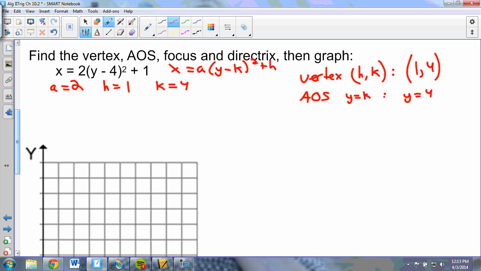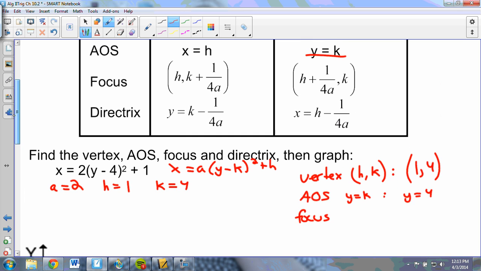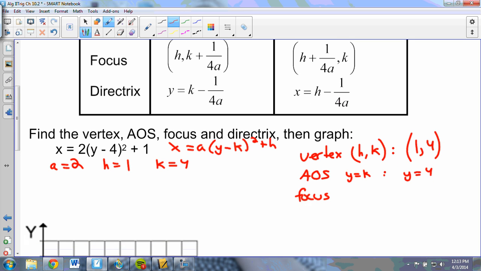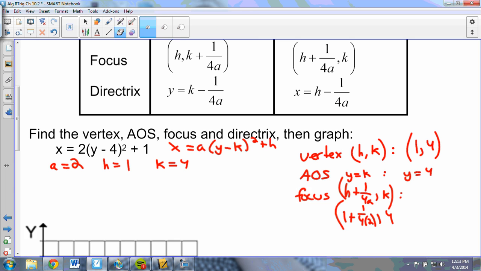The focus. Okay, the focus involves me doing h plus 1 over 4a, comma, k. Well, h is 1, a is 2, k is 4. It's looking confusing the way I'm writing it right now.